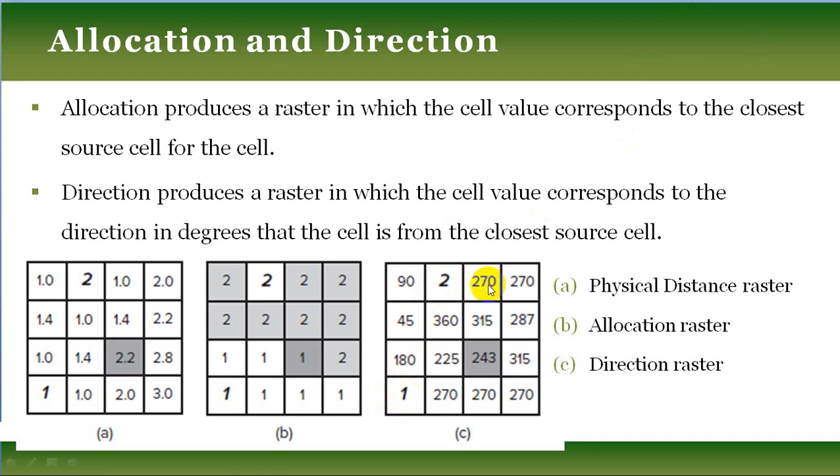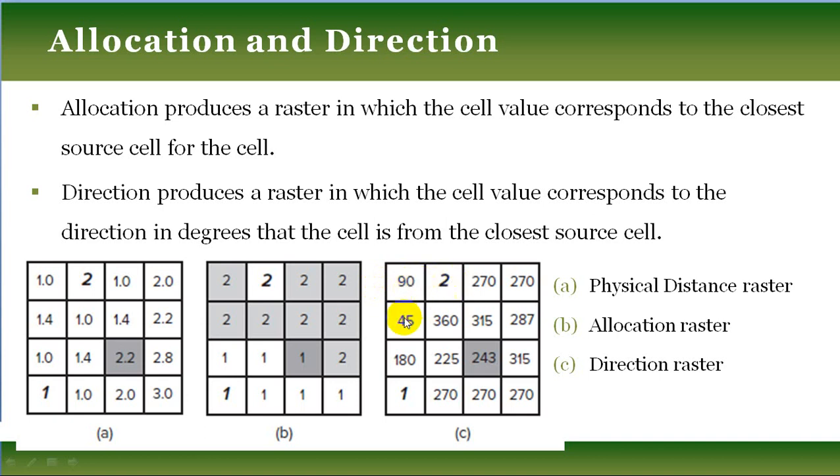For this one, as you can see, this cell value is 270 degrees. That means the direction from these cells to the source cell is towards the west. This one is 90, towards the east. So every cell has a direction towards its source cell.